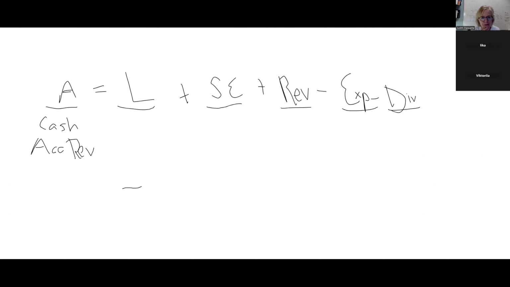Good. I don't know why this thing is sort of blocked. Okay, so anytime we increase cash, we debit it.